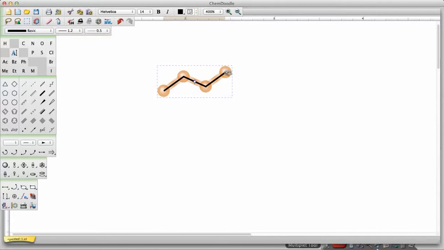So again, C1, C2, C3, and C4. I'm going to rotate, and again you will notice that when I'm looking down the axis of the bond, here is my C1, here is my C4.